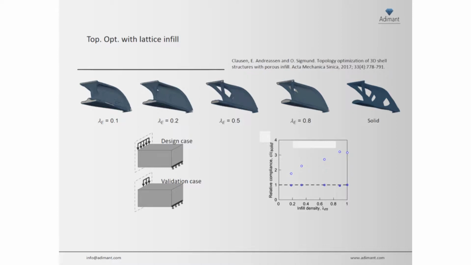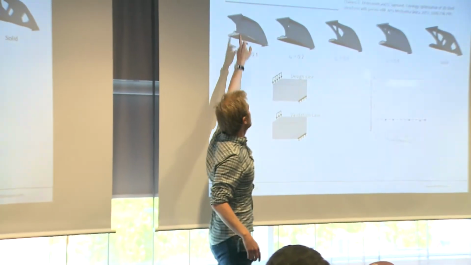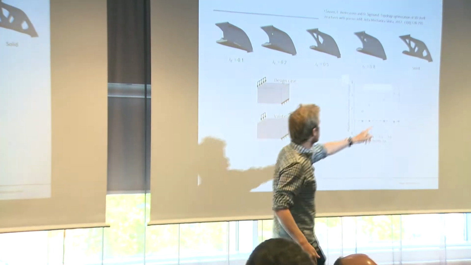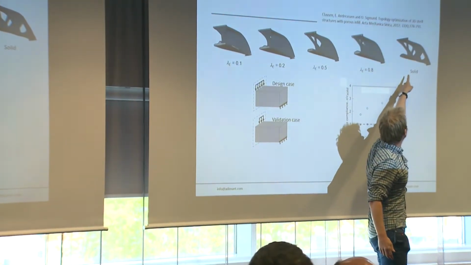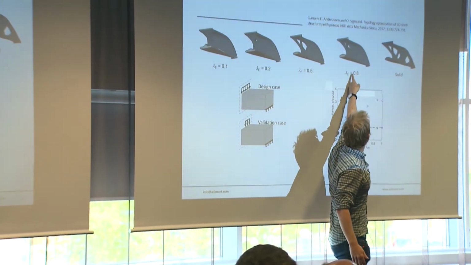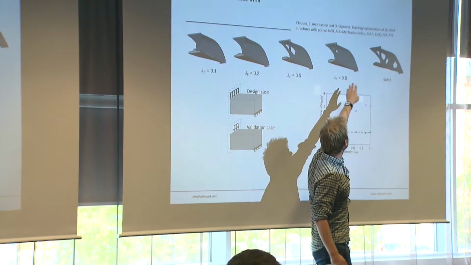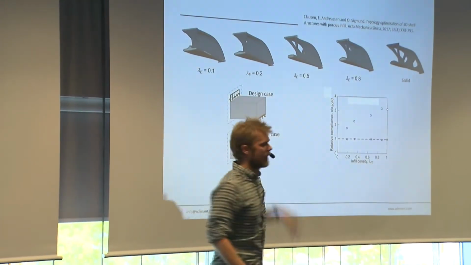And in these images up here, blue means solid material and light gray means lattice structure. And the full dense design, if there's no lattice structure, looks like this. Then we gradually increase the density of the lattice, while the mass is kept the same across all these designs, and the design changes.